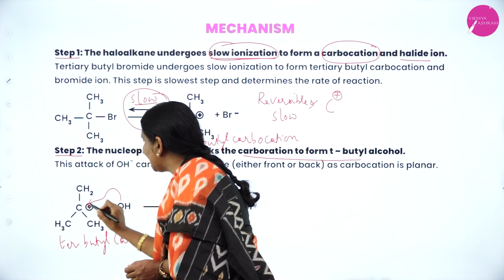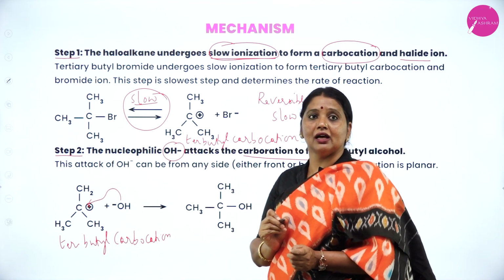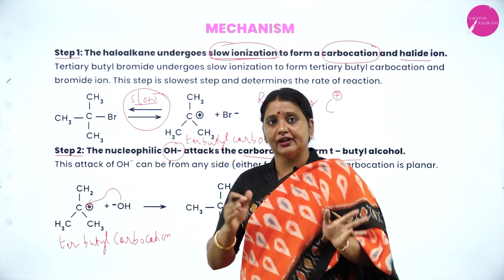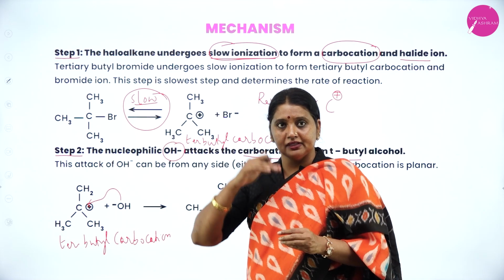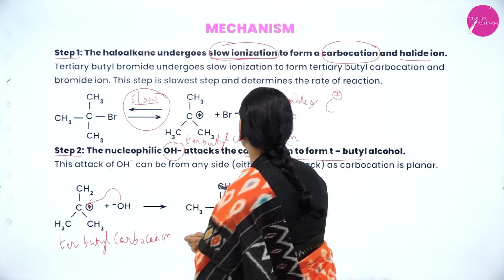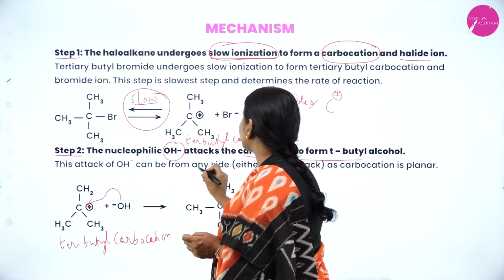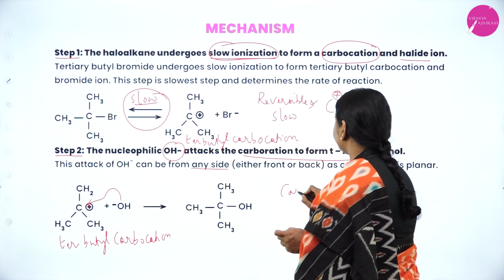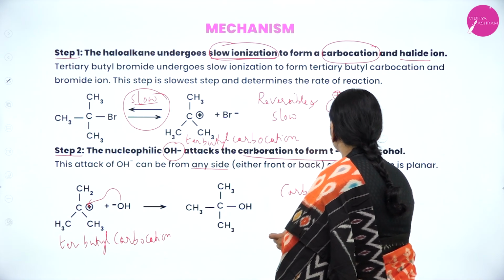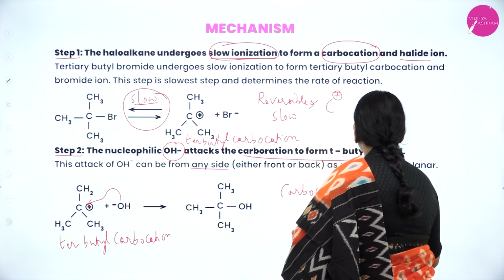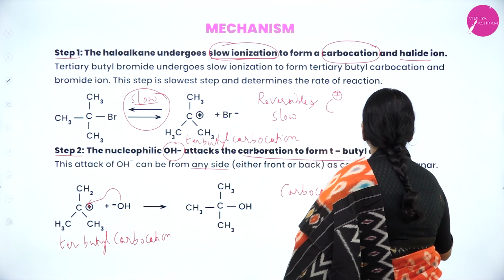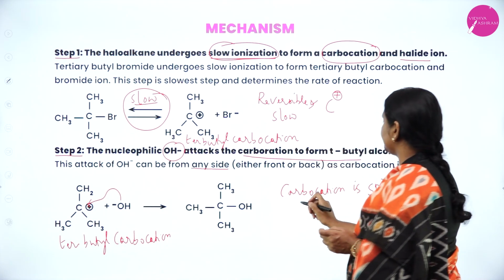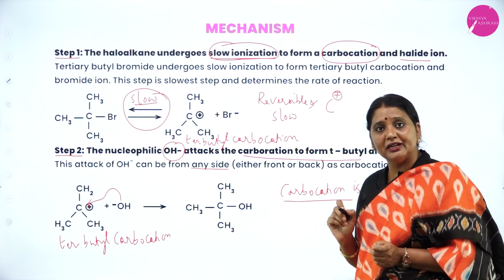The nucleophile OH minus attacks this tertiary butyl carbocation from any direction, either from the front, from the back, or from the top. Why is the attack possible from any direction? This carbocation is sp2 hybridized.